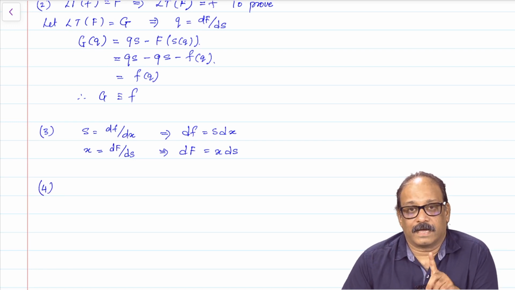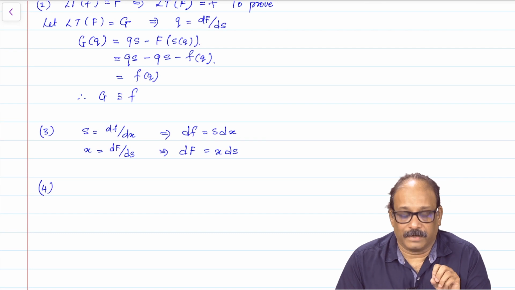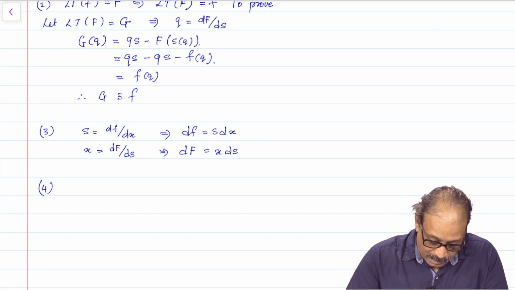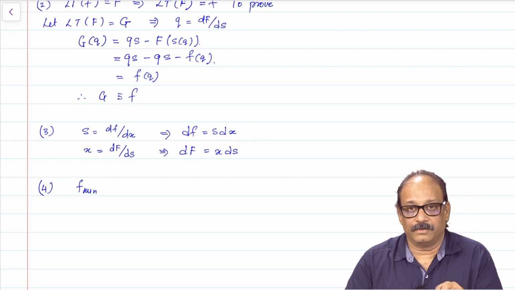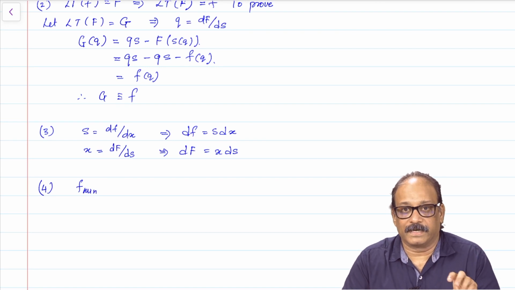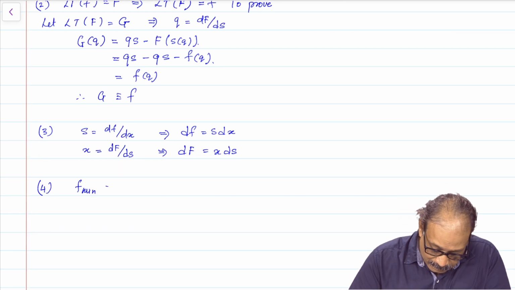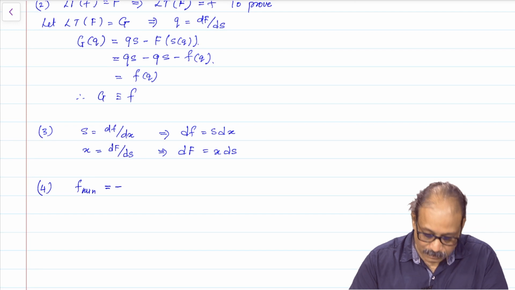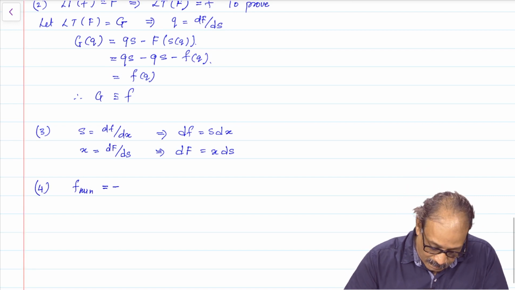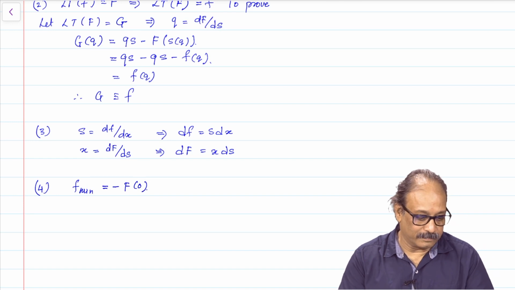And finally, remember there is at most one minimum in the function. So, f min, this is the minimum value of the function if it exists in the domain, and this we claim must be equal to minus capital F of 0. Okay.